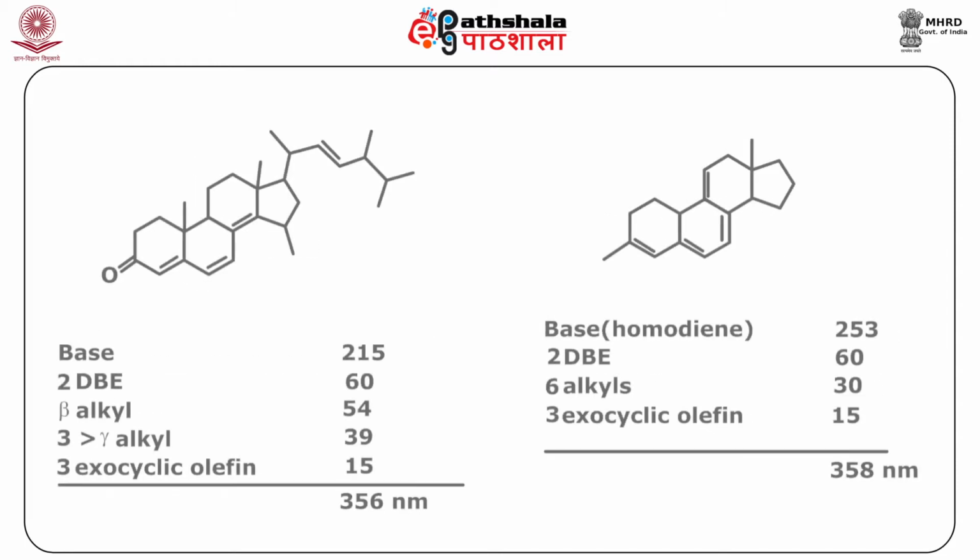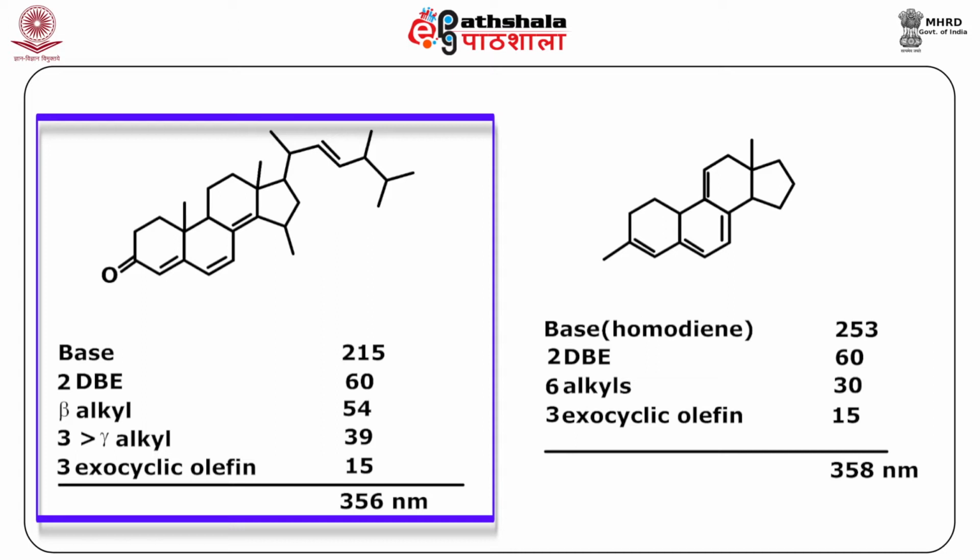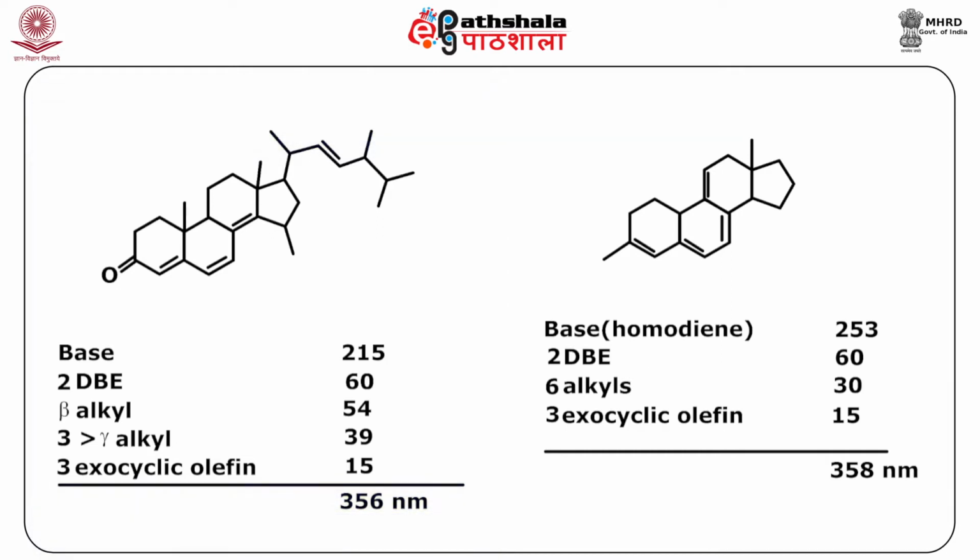The next example is again an example for an alpha beta unsaturated system, wherein again we see the base value of 215 nanometers. It is double bond extensions, which is a little different from double bond equivalence. So, here in these we are all considering the double bond extensions. These are all due to the presence of the extended double bond systems. So, here we have two double bond extensions which add on the value of 60 nanometers, 30 for each of them.